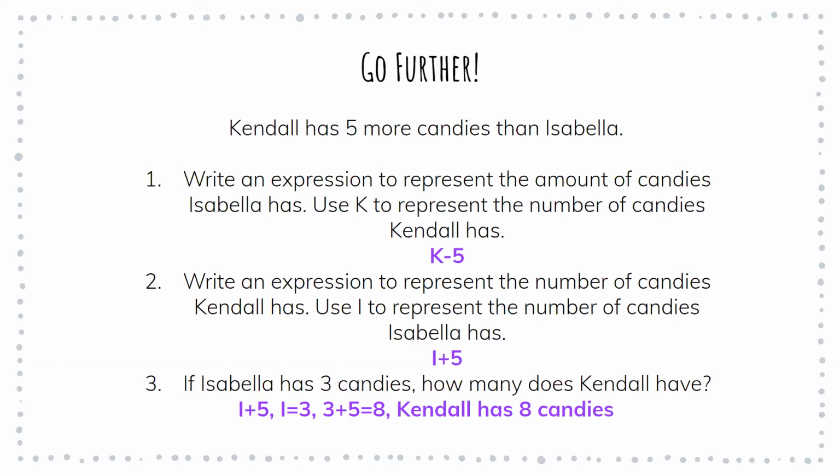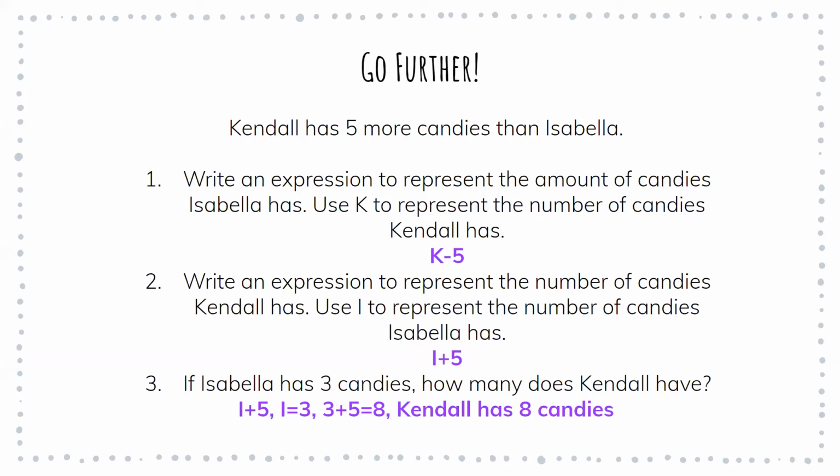So we know that if Isabella has 3, how many does Kendall have? So if we go back to number 2, we wrote the expression to represent the number of candies Kendall has. So we know that expression is going to be I plus 5. So we will be using I plus 5 as our expression for number 3.